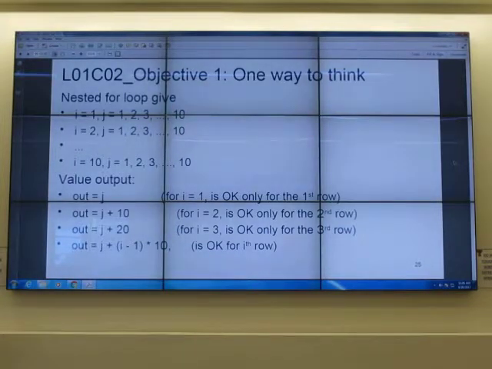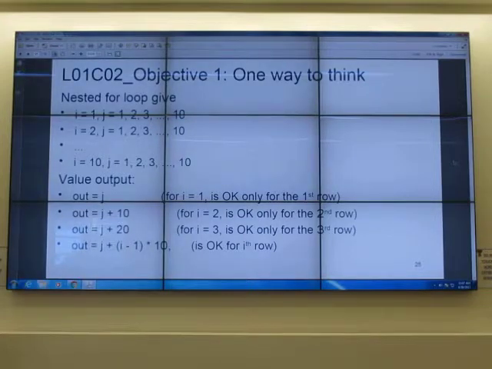So if output equal to J, then we have 1 to 10 as we want. This works for the first row, but it doesn't work for the second row. But we write it down. When you write a program, the first time you want to write it down on paper, or on the computer screen. So for the second row, I put output equal to J plus 10. So J equal to 1, my output is 11.